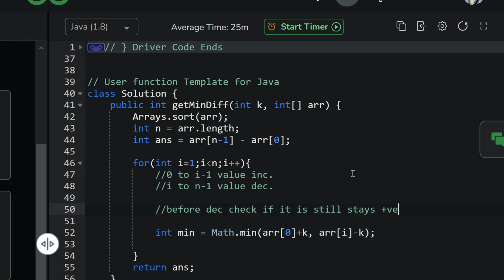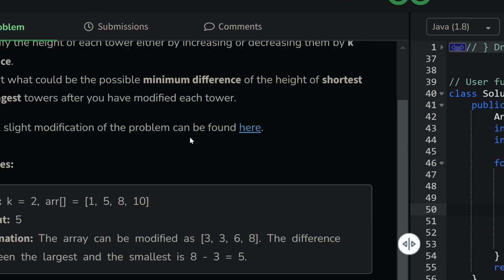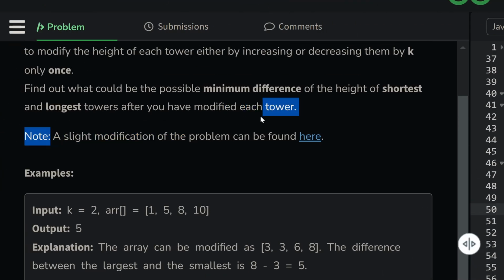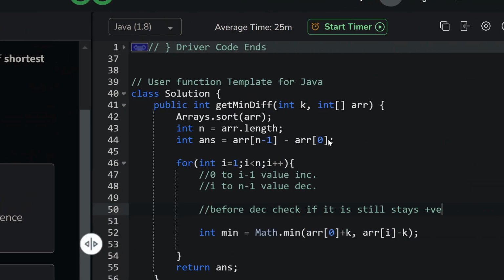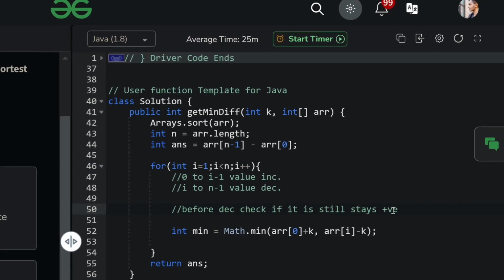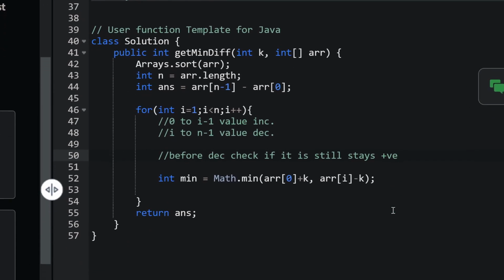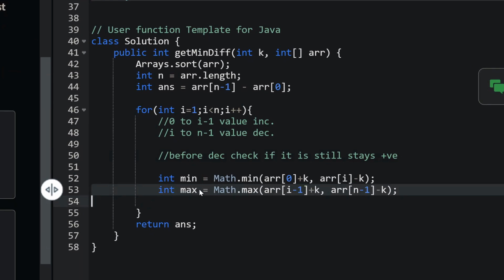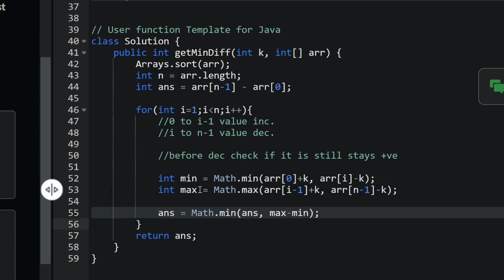This condition does not apply here, but it applies in a slight modification of the problem, which you can find here. Both problems are otherwise exactly the same. Then we need to find the minimum, then the maximum, and then just find our minimum answer.